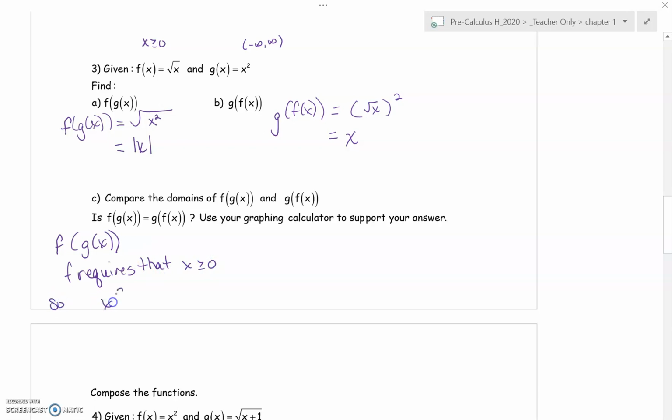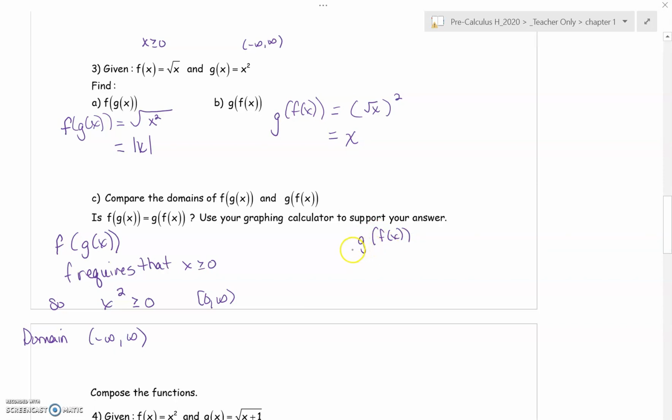So x squared must be greater than or equal to 0. And the range of x squared is the values from 0 to infinity. We would also have to consider that the input values for g of x are all real numbers. And so that's why the domain for f of g of x is all real numbers.